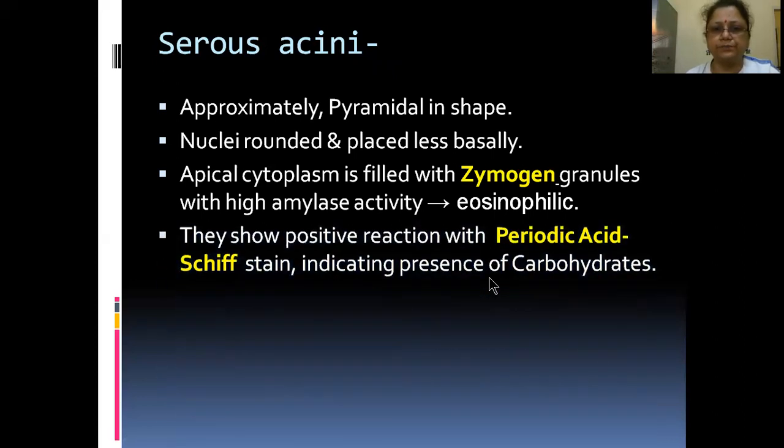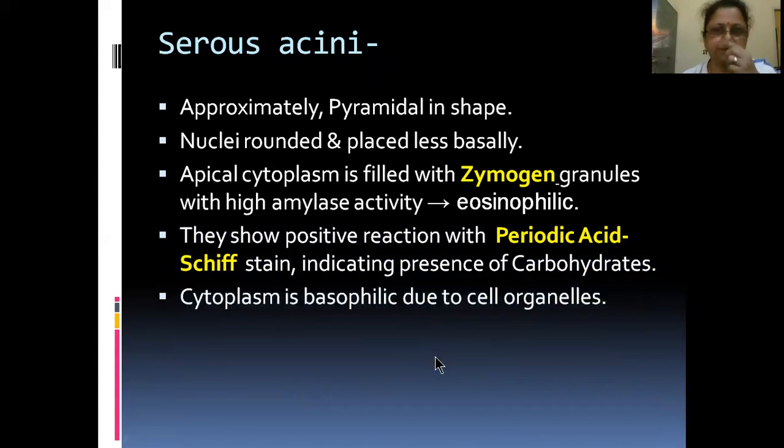But what happens? In periodic acid Schiff stain, which is a special stain, it will show a positive reaction. Okay, because of the presence of the zymogen granules. And why does it show a positive reaction? Because of the presence of carbohydrate. So it indicates the presence of carbohydrate.